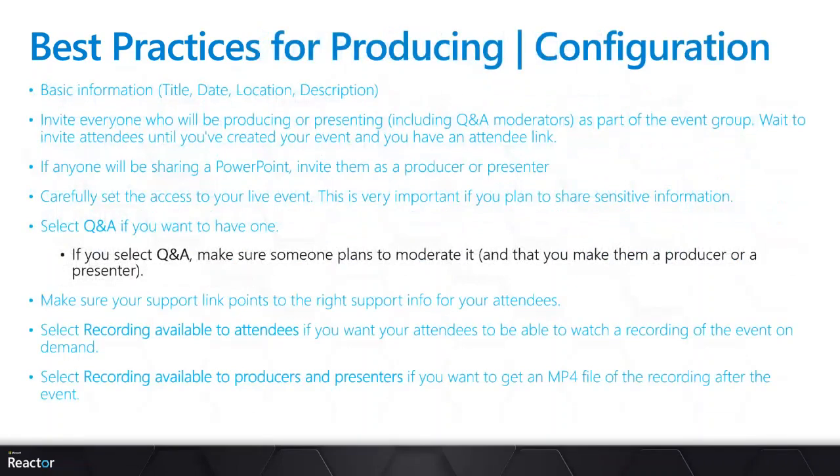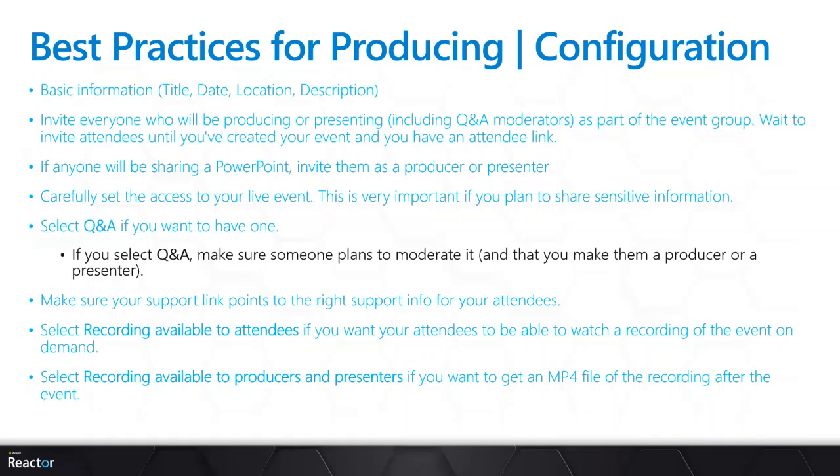So the last one around best practice in producing is the configuration. As I touched on earlier, when creating a live event, you need to have the title, the date, the location, the description, ideally as detailed as possible. You need to get a list of all people that are going to be producing and presenting, including any Q&A moderators that will be fielding the questions.